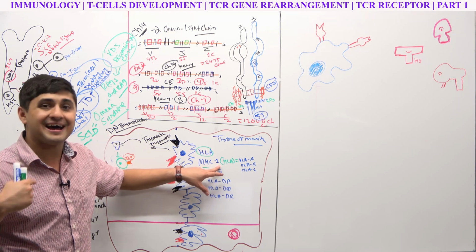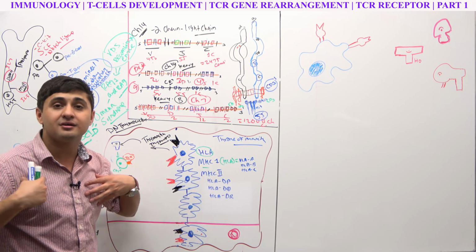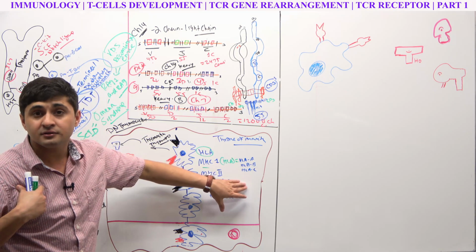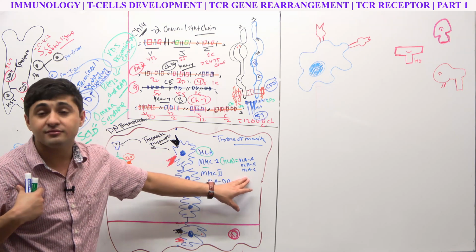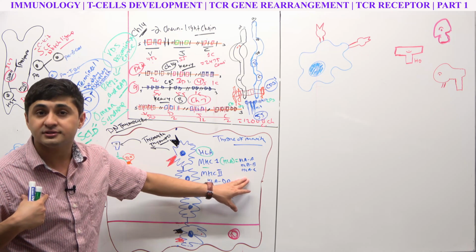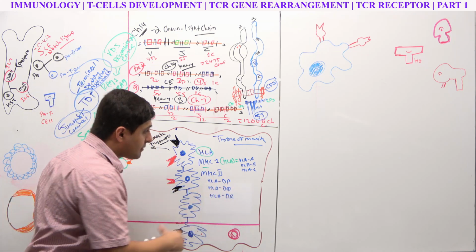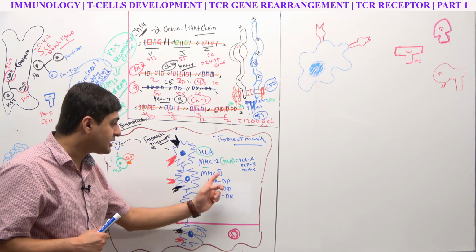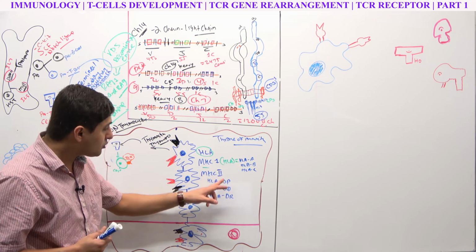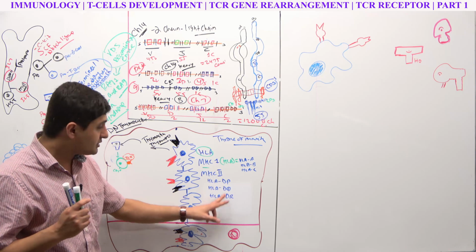You have a different MHC1, I have a different MHC1. They're made out of different sequences of amino acids, and because of that there is variability in each one of us. So remember, whenever you say MHC1, think ABC. Whenever you think of MHC2, think DP, DQ, and DR, and all of them have a D in it.